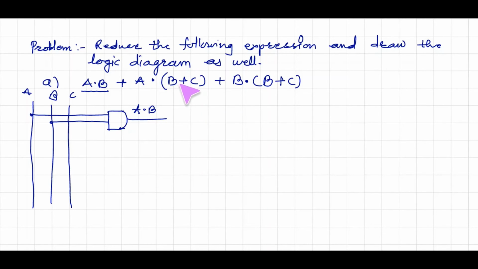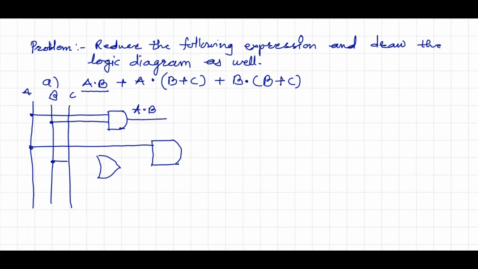That means we need another AND gate which has one input a, but another input b plus c, and this b plus c means we need an OR gate which has inputs b and c.